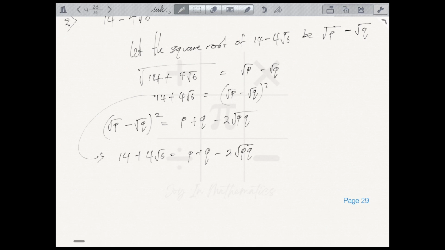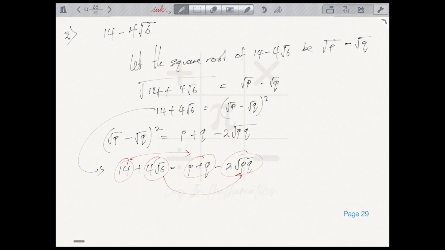So we do our equality of sorts again. p plus q is equal to 14, and 4 root 6 is equal to 2 root pq. Now, this should be negative, please.